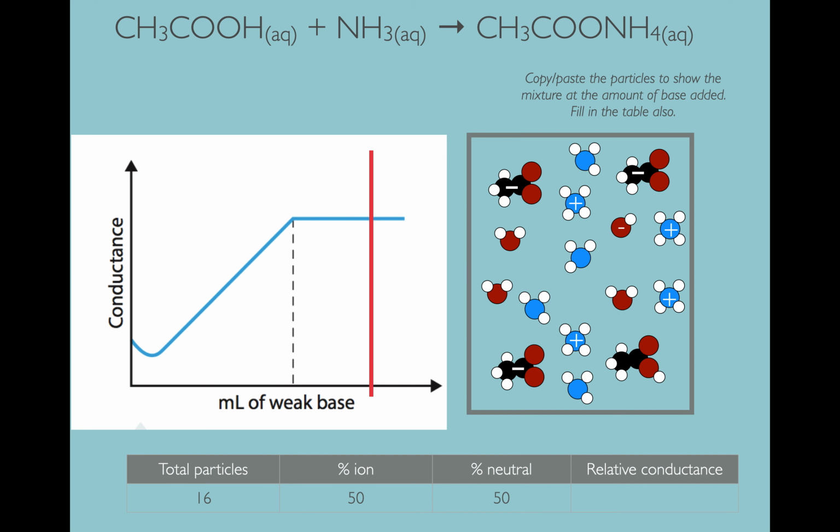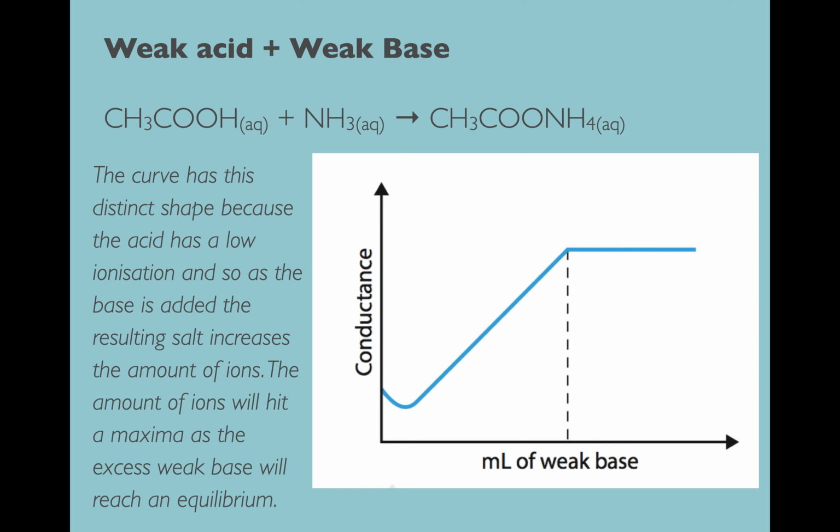So for here, the equivalence point is the start of the maxima, that first top peak, and then it just stabilizes. So it has a distinctive shape because the weak acid and weak base have very low ionization, so low conductance. And it increases as I go along until it reaches a maximum and then it stabilizes.